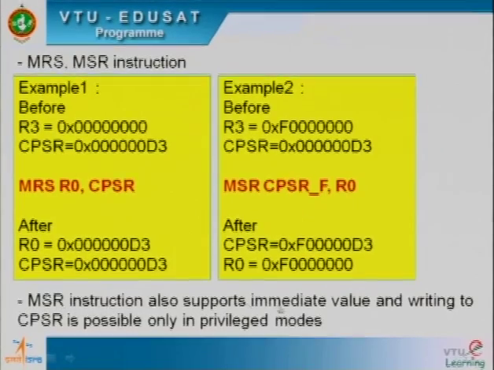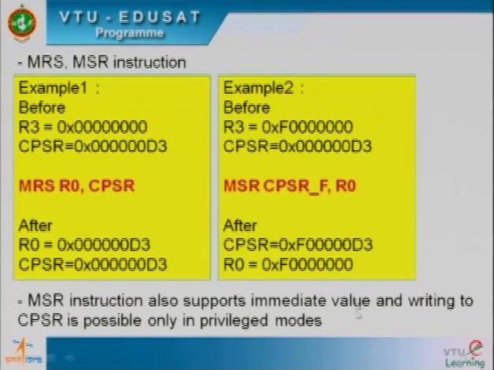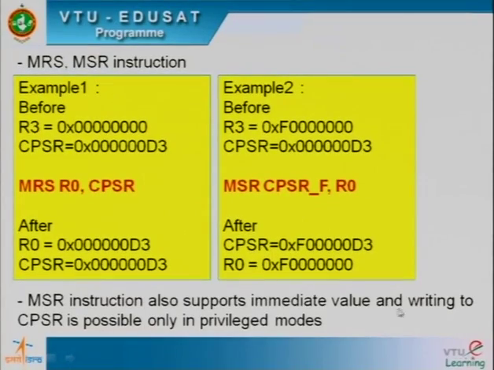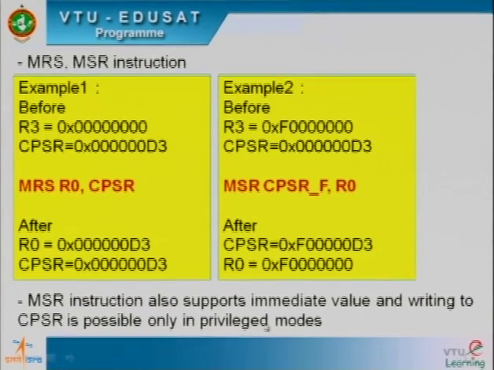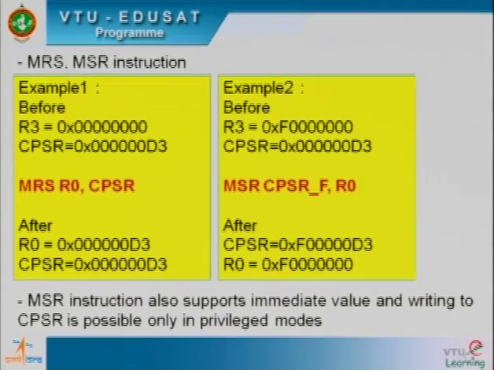The MSR instruction also supports an immediate value, that means in place of R0 it can be a hash followed by some immediate value, and writing to CPSR is possible in privileged modes only. So the MSR instruction can be executed in the privileged modes only. It cannot be executed in user mode.